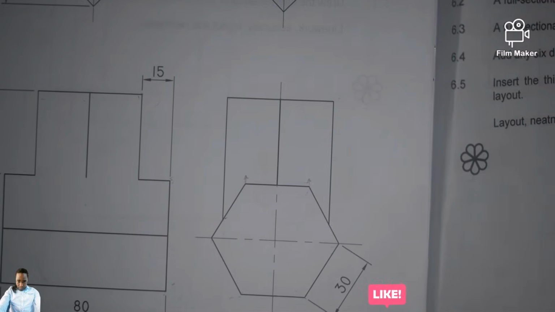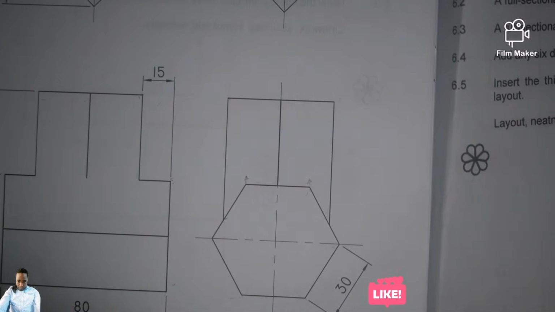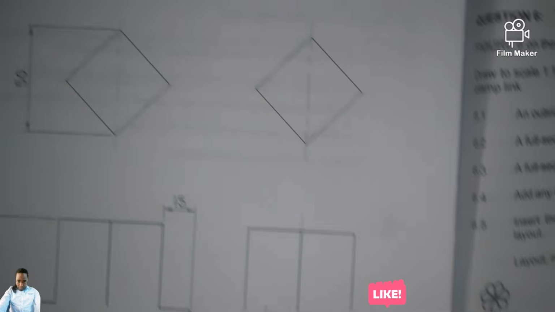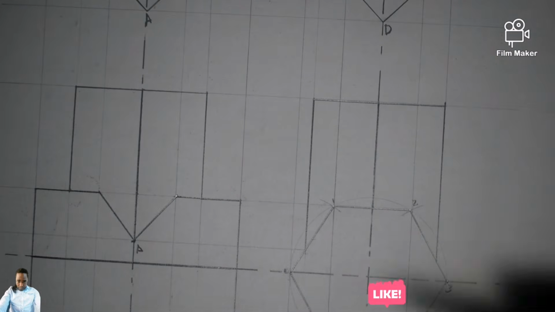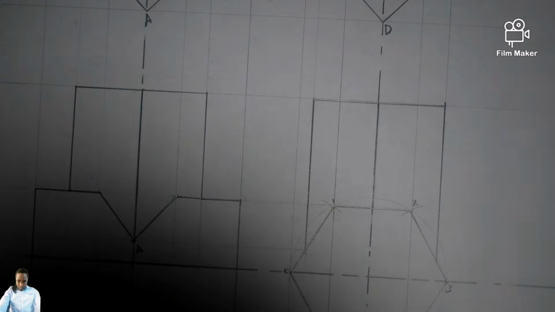So that's how you go about it. Very much important, I think the trick here was how do you number your auxiliary views points? You understand, which are these ones. And you know that point 1 and point 2 must intersect. Point 1 with point 1, point 2 with point 2.